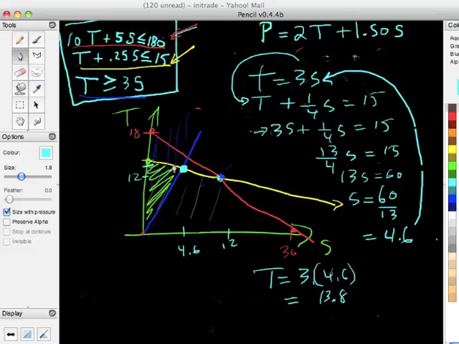That point right there is 4.6, 13.8. Well, this is sort of a critical point, and when we look at our profit function, we know we can't have this fraction, so we need to think about moving this way or this way on this line. And in the next video, I'll talk about that, and I'll just wrap things up.